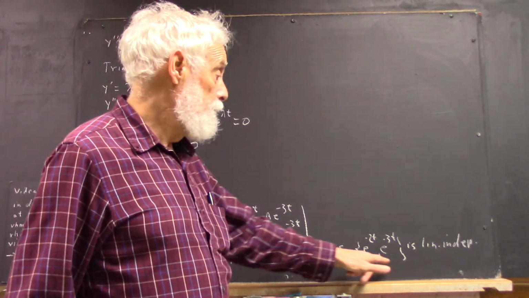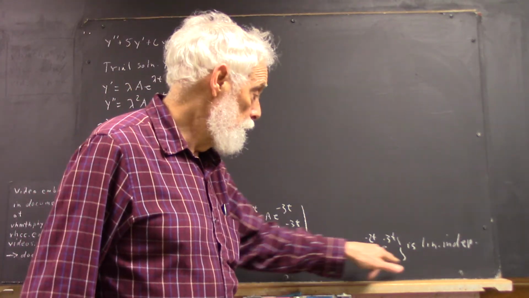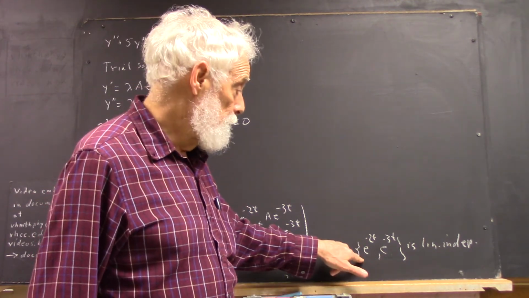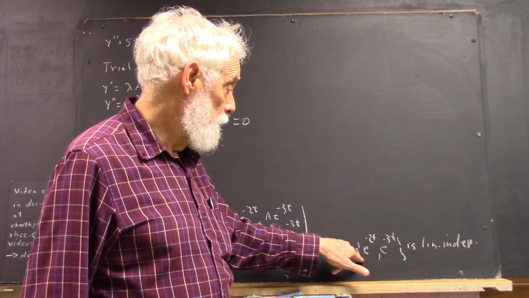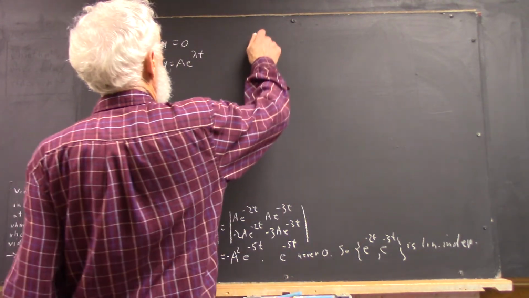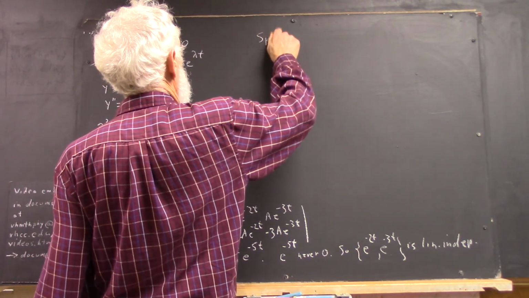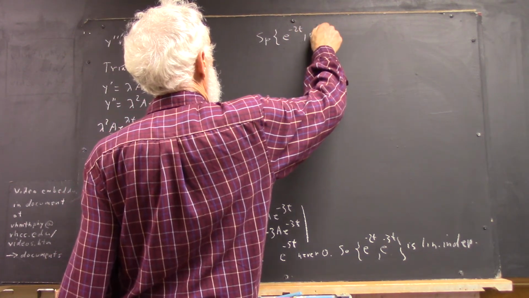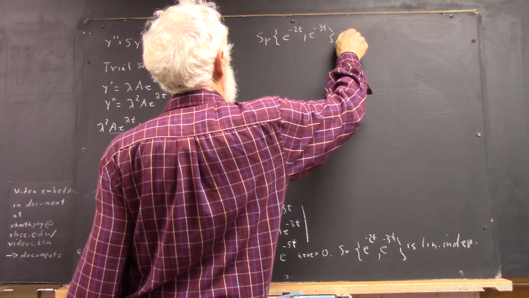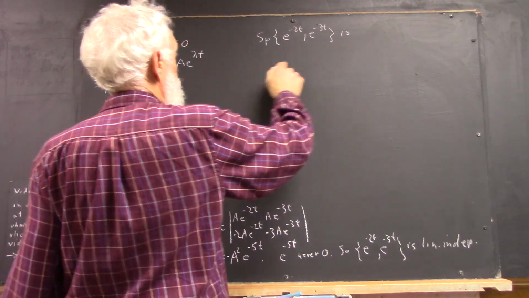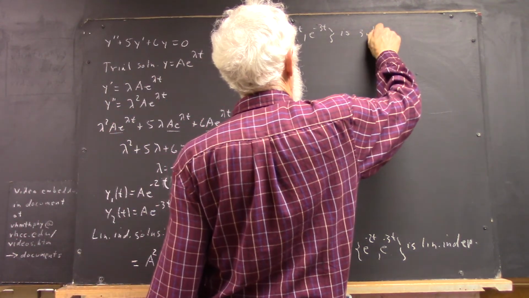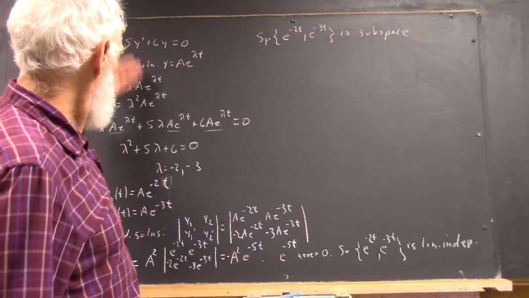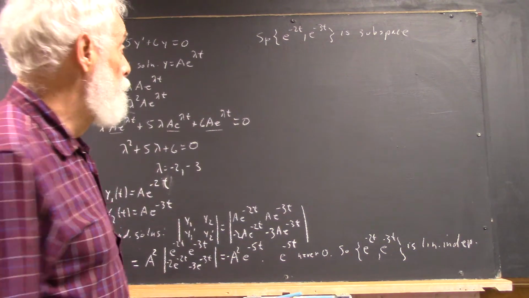So, and this is a subspace. It's a linearly independent set within the space. Its span is a subspace. So we'll talk about, well, I'll say that now. So the span of the set e to the -2t, e to the -3t is the subspace of what I call D, the space of all differentiable functions.